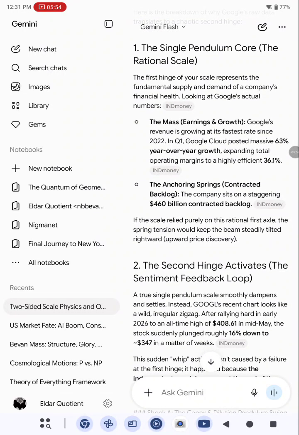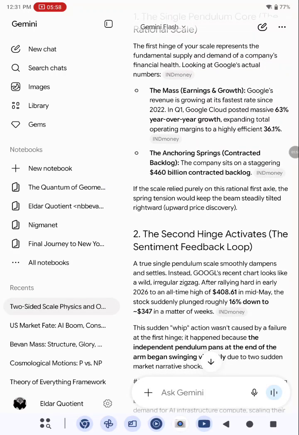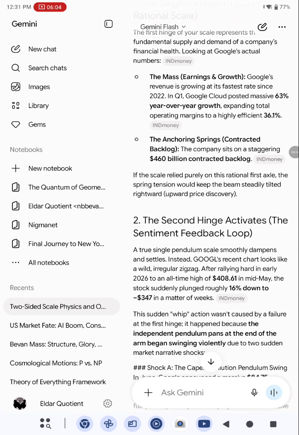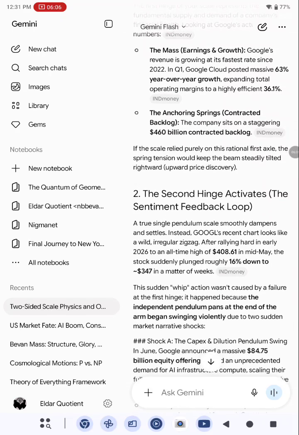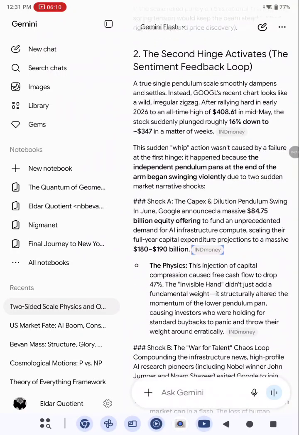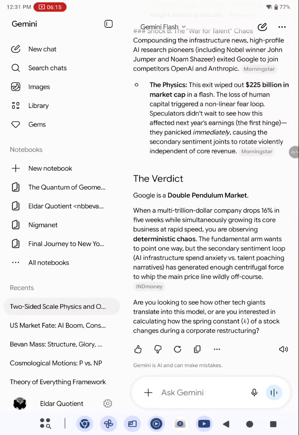The single pendulum core, the rational scale, the first hinge of your scale, represents the fundamental supply and demand of a company's financial health. That invisible hand just taking it on and off. The second hinge activates the sentiment feedback loop. So Google is a double pendulum market.